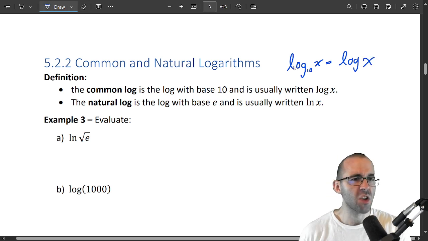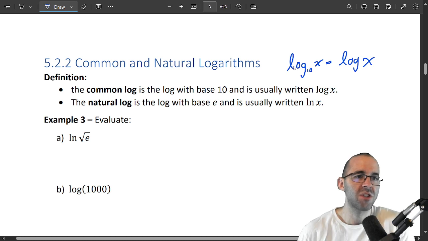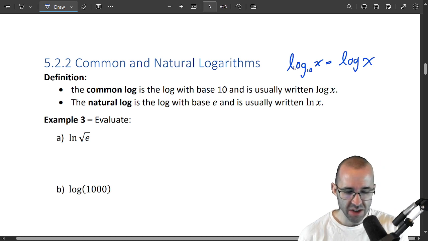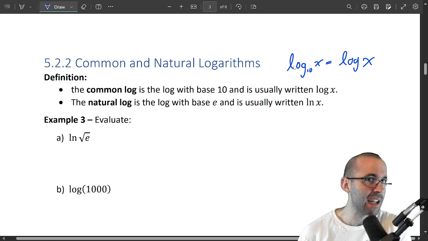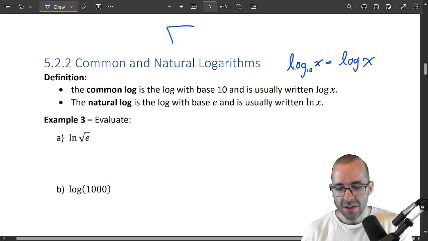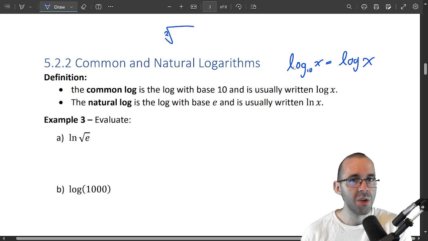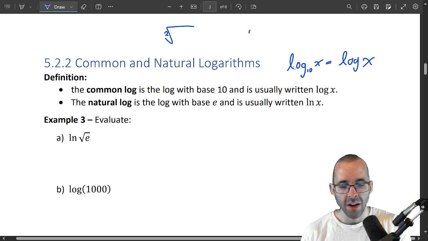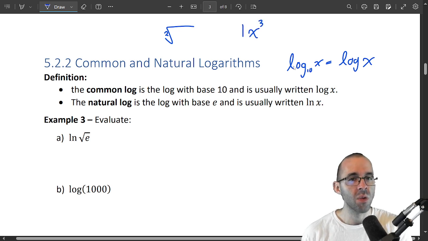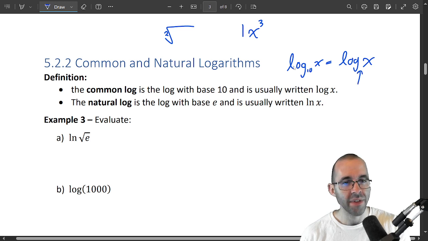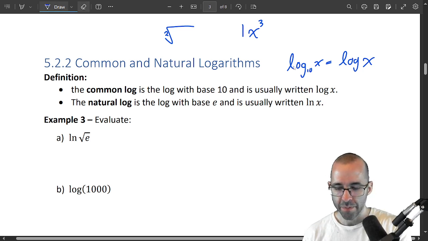So the common log is so common that we just don't write the 10. If you ever see a log without a subscript, there's a hidden 10 there, just like a square root has a hidden 2, or x cubed has a hidden 1. If you see nothing down here, that's a hidden 10, called the common logarithm.